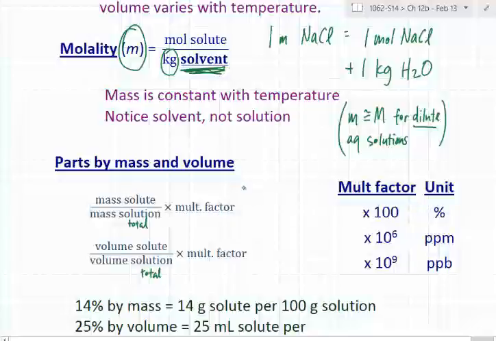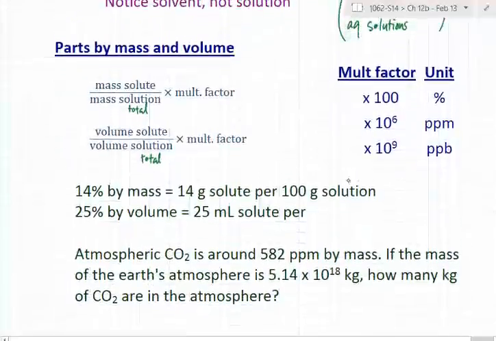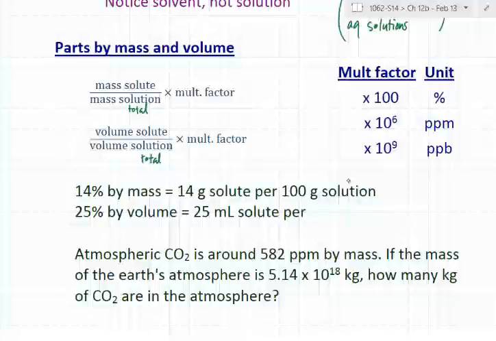That makes it out of 100, and we use the percent sign. If instead of times 100, we do times a million, that's parts per million. Times a billion, that's parts per billion. So that's all that is. There's nothing fancy about that. It's just a different multiplier, essentially, that gives your value a different scaling factor.